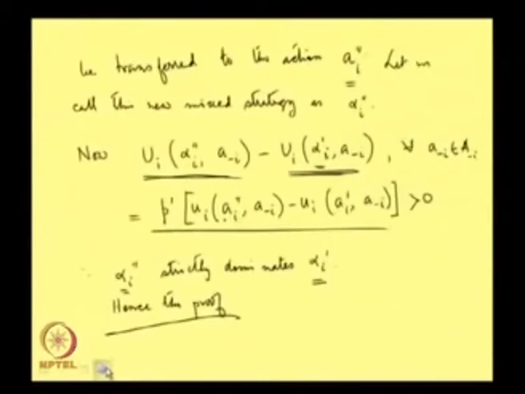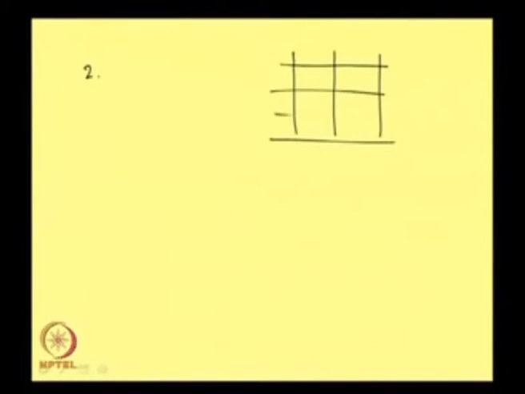So, let me construct an example. Like before, I have 3 actions for player 1 and 2 actions for player 2, and like before, I am just writing the payoffs to player 1 in each of these action profiles.